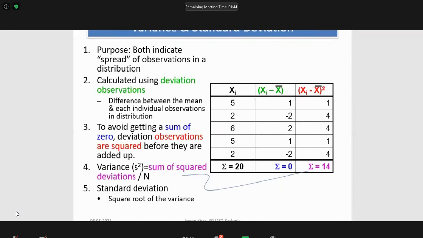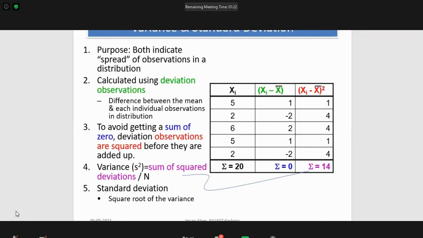Now, see, you have a data set: 5, 2, 6, 5, 2. What you do is calculate the mean for this data set. When you calculate the mean, in the next column, from every observation you subtract that mean. That's xi minus x bar, where xi is your observation minus the mean.